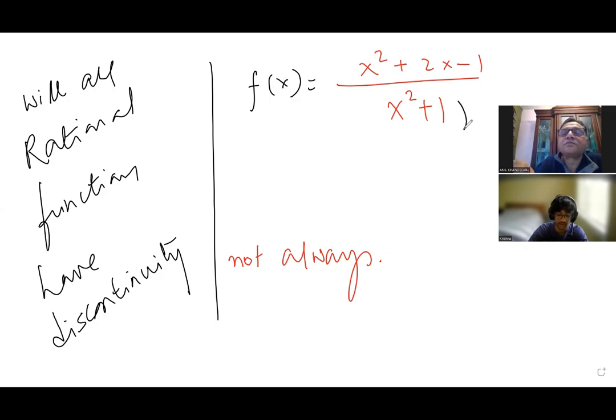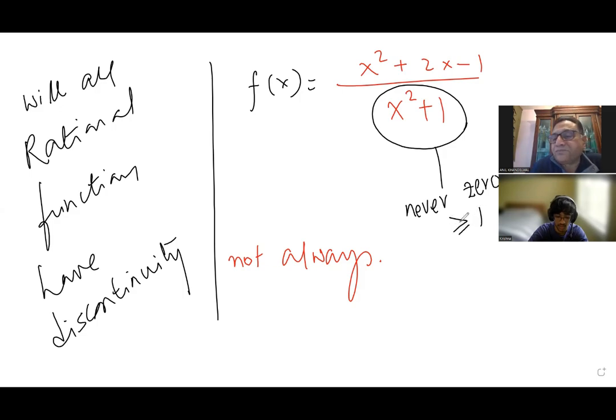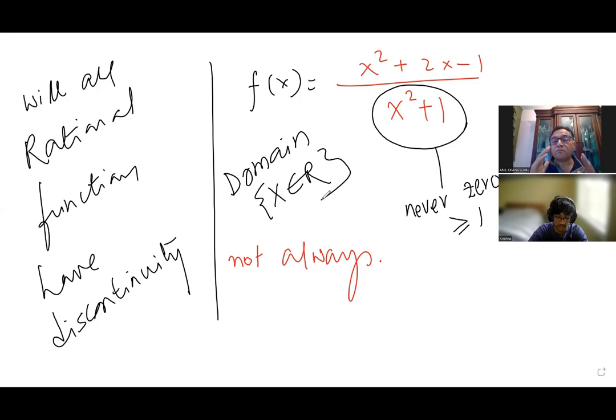This is never 0. In fact, it is always greater than or equal to 1, correct? So in this particular case, our domain is all real numbers. Domain is x belongs to real numbers for this rational function. You get the idea.